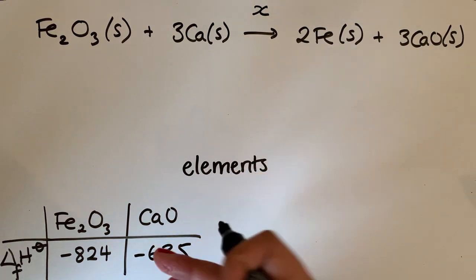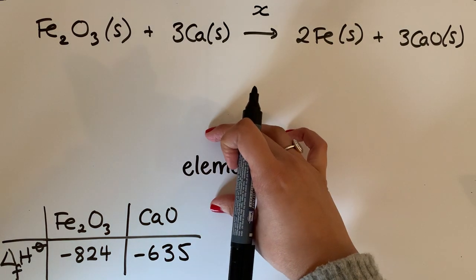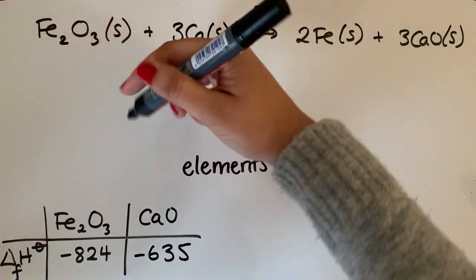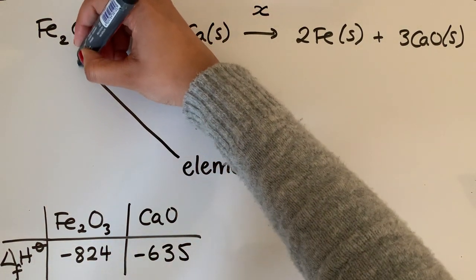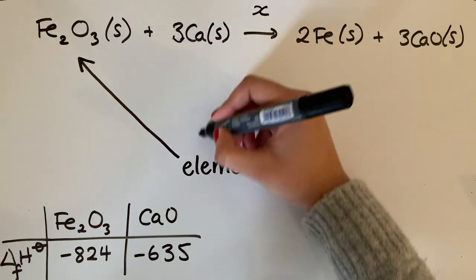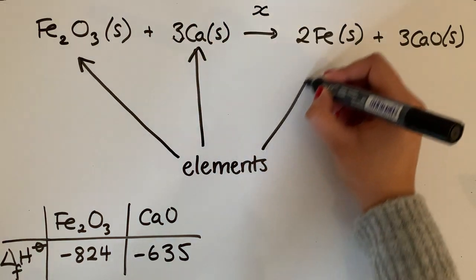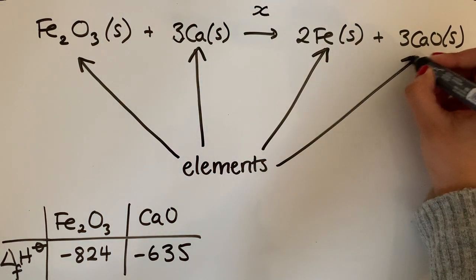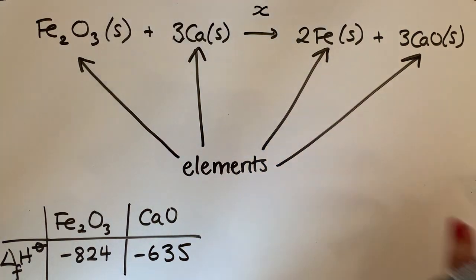And because we're doing enthalpy change of formation, we always go from the elements to the compounds. So my arrow is going to go from my elements to the compounds at the top. Now another bit of information that, if you remember, is quite important here: the enthalpy change of formation of elements is always going to be 0.